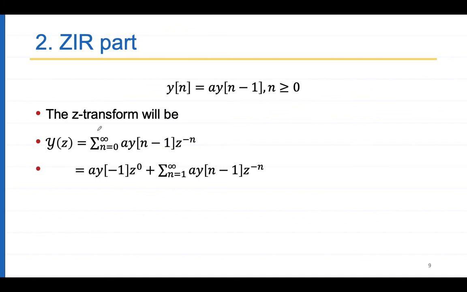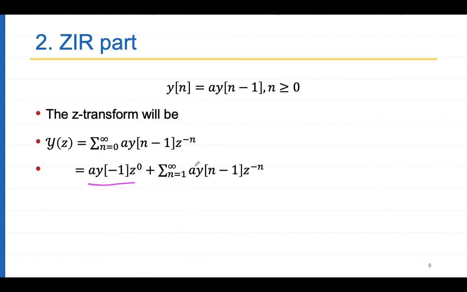my n starts from 0 to infinity. I can first take the zeroth term, which is y of, when n is 0, y[-1]. Remember, this term is non-zero even if my n is, because my y at n less than 0.